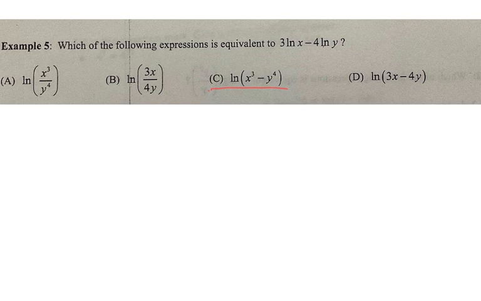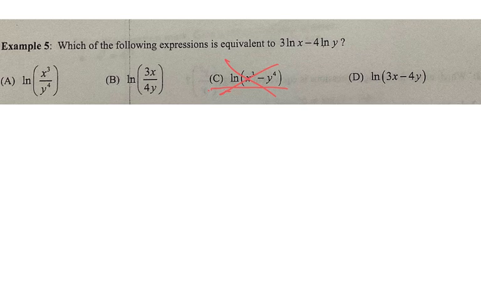It's subtraction in the argument. We don't have a rule for subtraction in the argument. We have a rule for division in the argument: if it's dividing in the argument, we can write it as subtraction of logs. But we have no rule for subtraction in the argument. So C, I'm stuck. I have no way to simplify C.